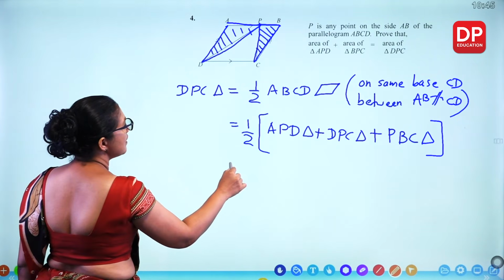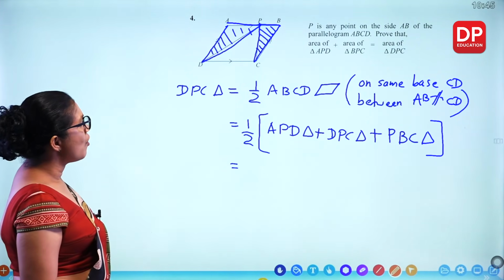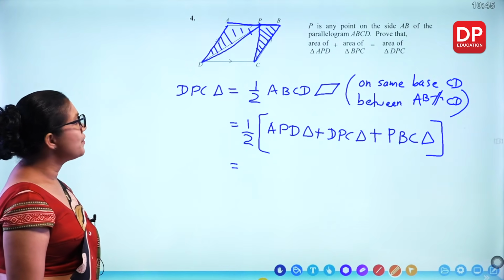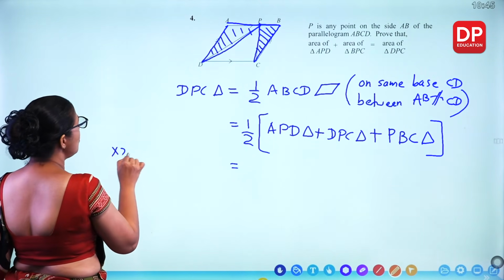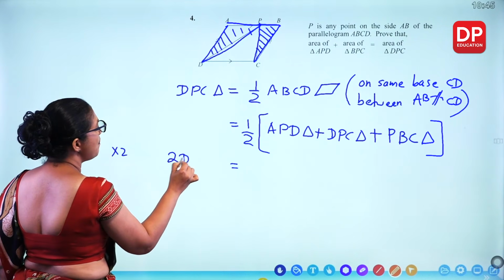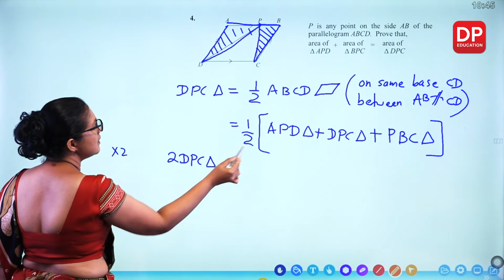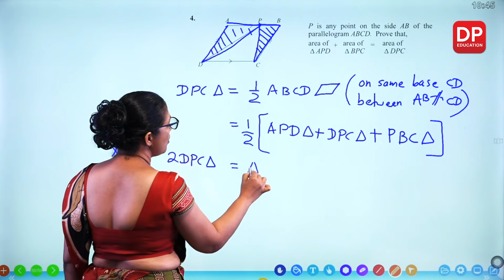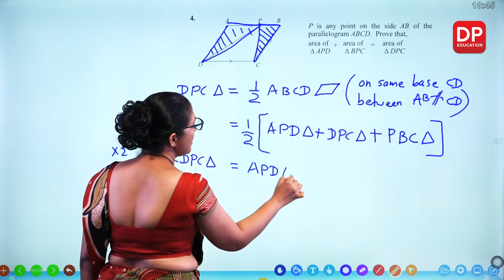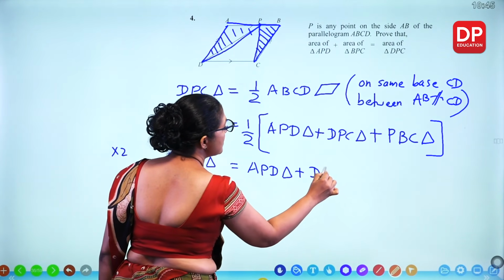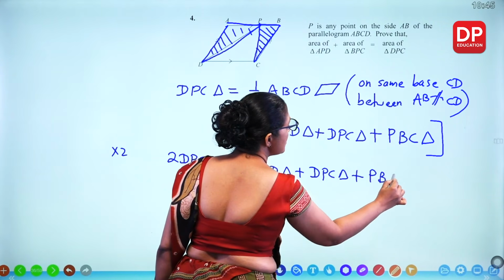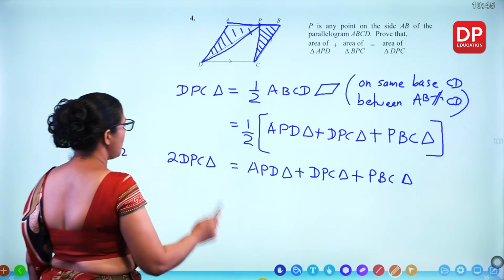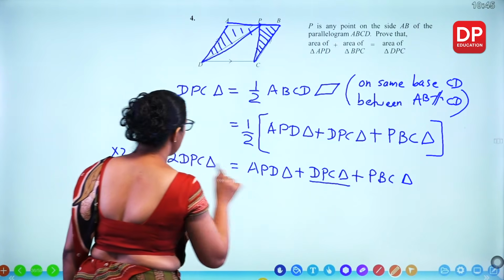Then I want to multiply the whole thing by 2. When I multiply whole thing by 2, I am getting 2 DPC triangle is equal to APD triangle plus DPC triangle plus PBC triangle.